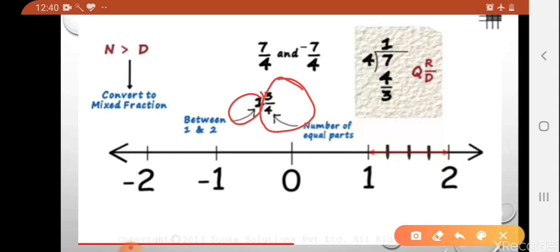So here the denominator is 4. So between 1 and 2, we will divide that part into 4 equal parts. See, not 4 lines, 4 parts: 1, 2, 3, 4. We have divided it into 4 equal parts.